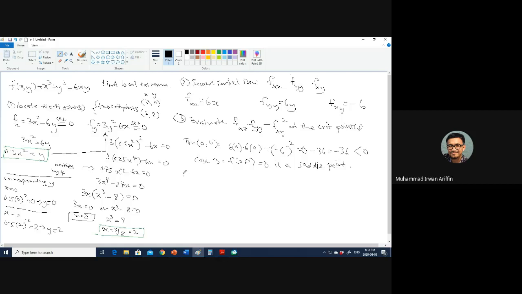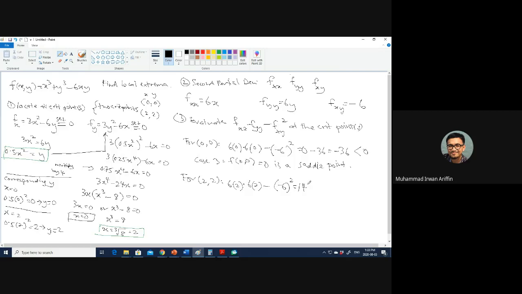Okay, now for the second critical point, for 2 and 2, we have 6 multiplied by 2 multiplied by 6 multiplied by 2. We simply need to substitute x and y here, minus negative 6 squared. This is 6 multiplied by 2, 6 multiplied by 2.